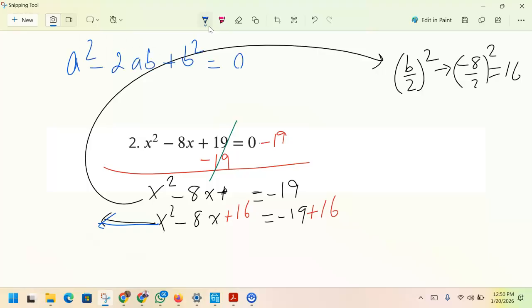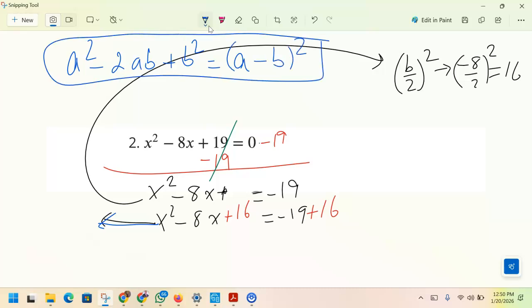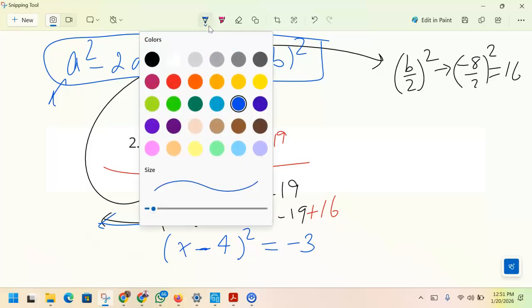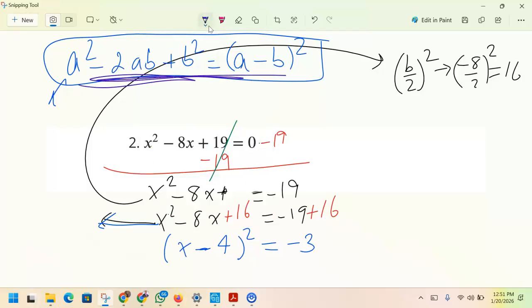This is called a perfect trinomial. We can write it like this. See? This is like a formula which you did long back in algebra 1, and still we forget. So that's what we write directly, saying it is x minus 4 the whole square, and this is minus 3. To those of you who forget, the formula is right there. This is the one. So what is this called? Perfect trinomial.